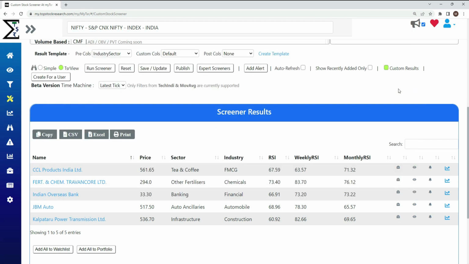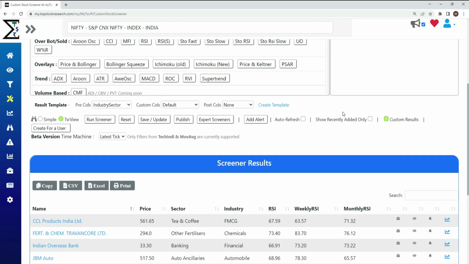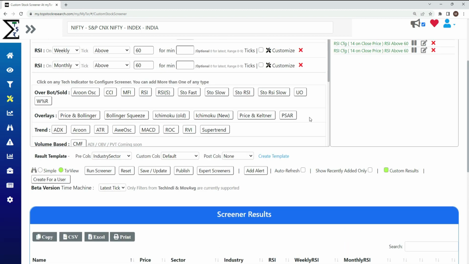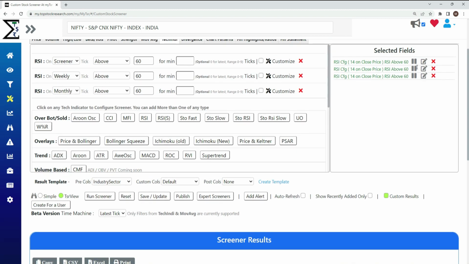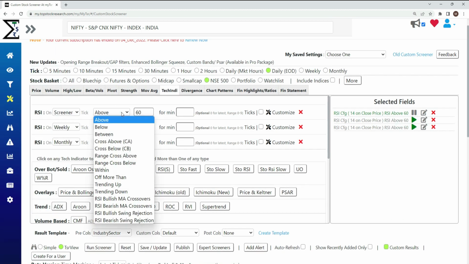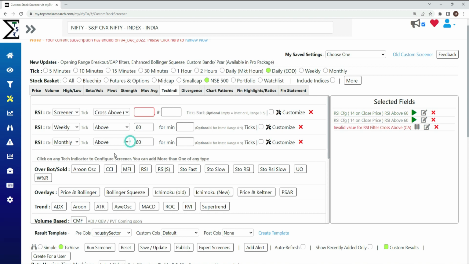So why do you use multiple time frames? Because let's say you are looking at RSI crossing above 60. I'll pause these two for now. Now this is a signal, RSI crossing above 60. But at the same time, you want to see where it stands on weekly and monthly.